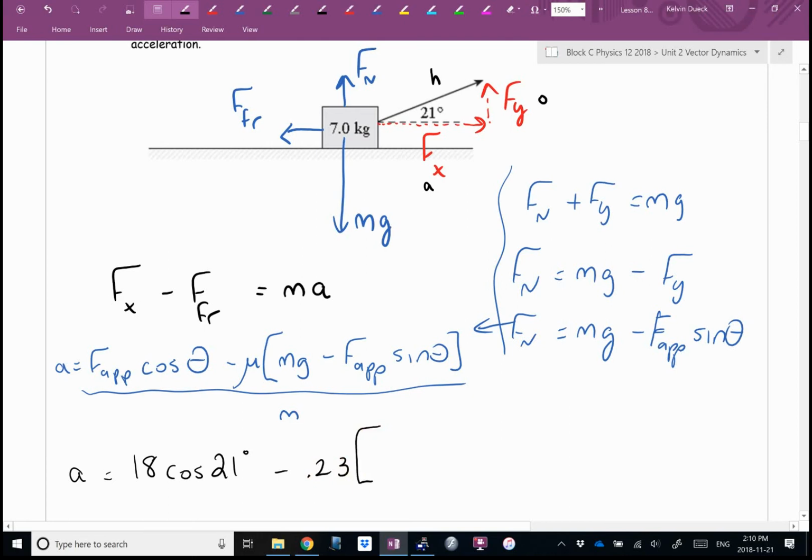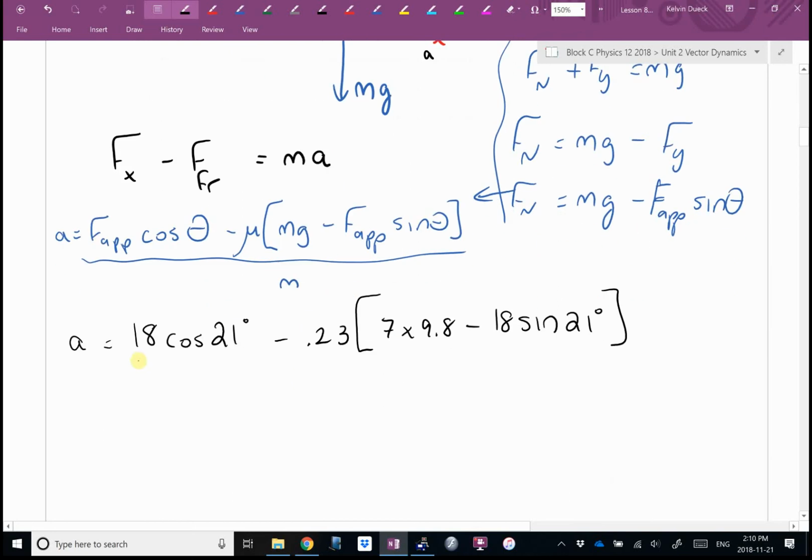I'm going to use a square bracket. 7 times 9.8, take away F applied, 18 sine 21 degrees, close off the square bracket, all divided by 7. This is one I would encourage all of you to try typing in, because if you can't get this answer after doing all the work, that is throwing away marks.